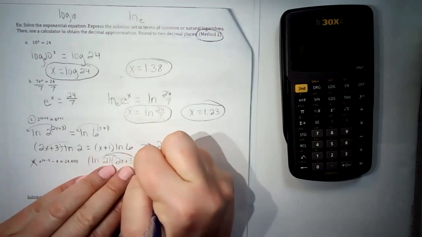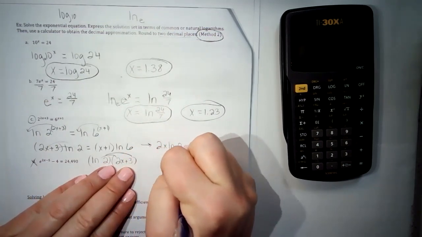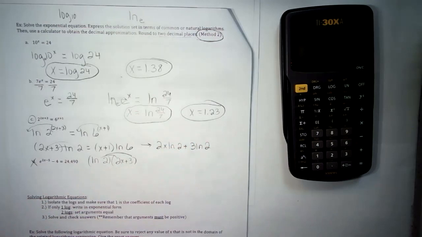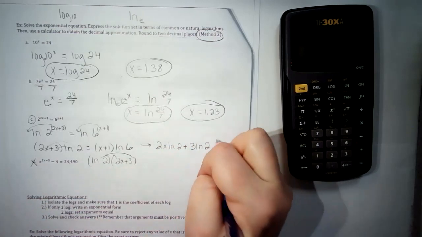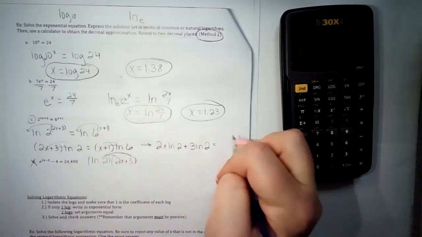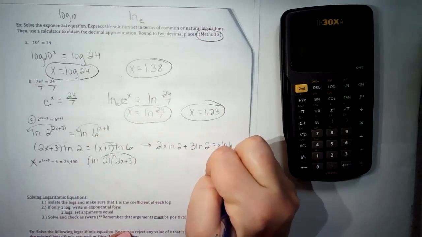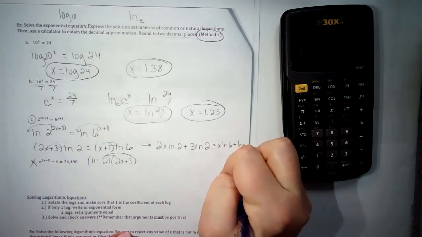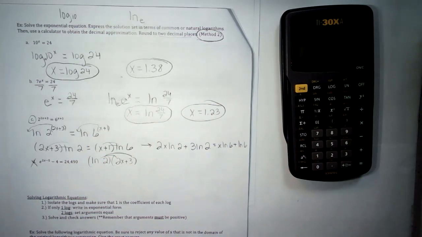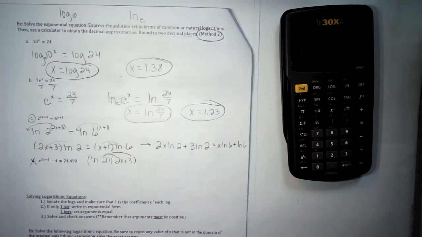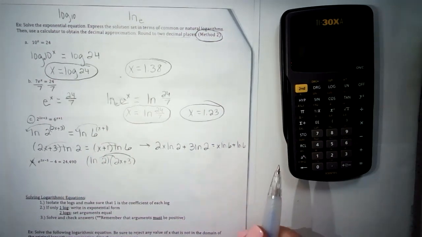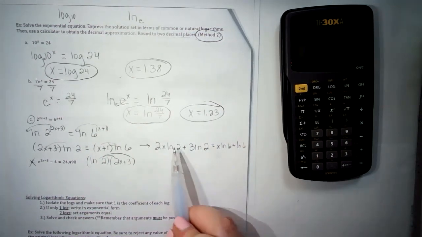So you're going to get 2x ln of 2 plus 3 ln of 2 equals x ln of 6 plus 1, or just plain ln of 6. Okay, so you're just distributing it through there. The goal here is to get the x's together. You're trying to get the x's all by themselves. Everybody okay so far? All right.